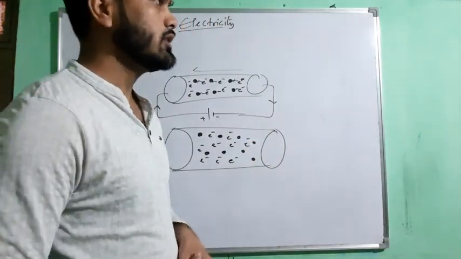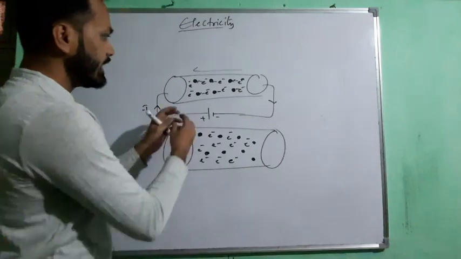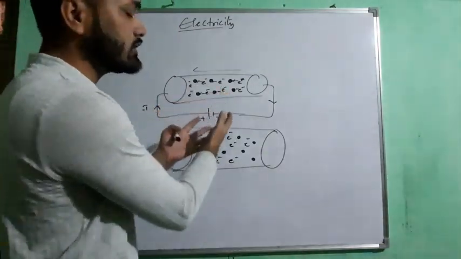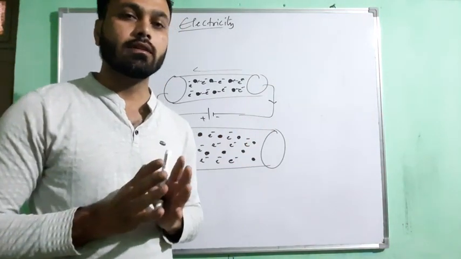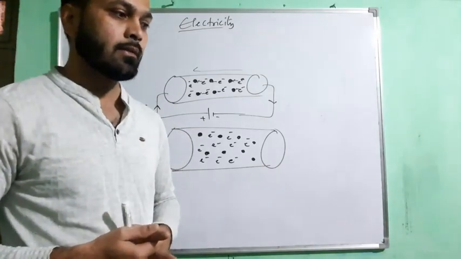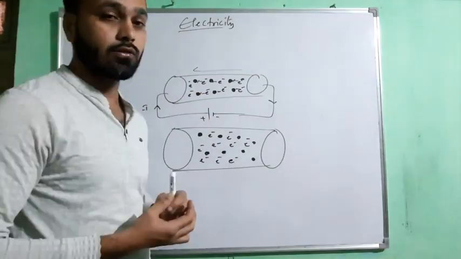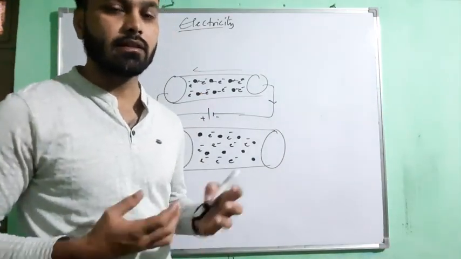And now we will see on what factor it depends. Children, see here, if I take a long wire, then the number of such collisions will be more. If I take a short wire, then the number of such collisions will be less. So I can say, the more the number of collisions between the electrons and with the ions, the more will be the resistance offered by it, and the other way around.